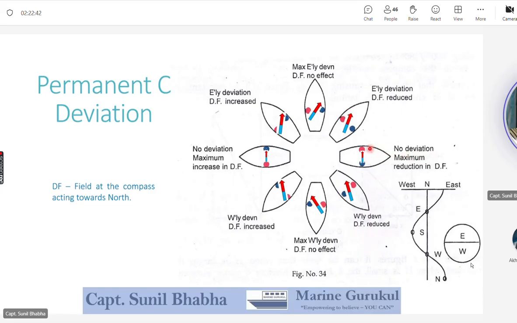Now you can see there is a red pole on the ship's port side, which is exactly north of the compass needle. The north end of the compass needle is also red.